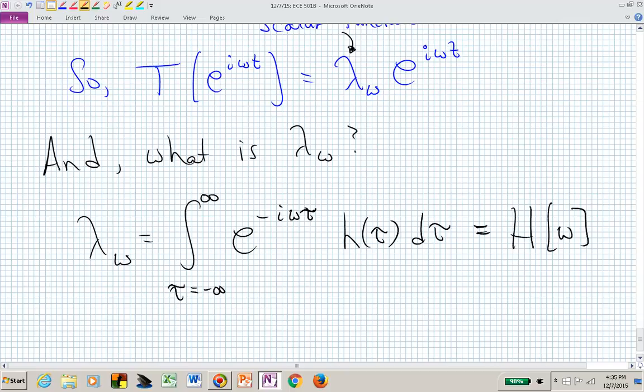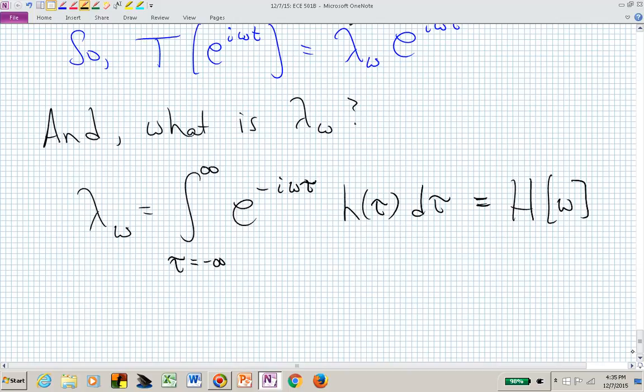And what we're saying now is, if you fix omega, what are you going to get from this lambda of omega? You're going to get some complex number, capital H of omega. And a complex number you can think of in terms of polar form, so that you now have a magnitude and an angle.